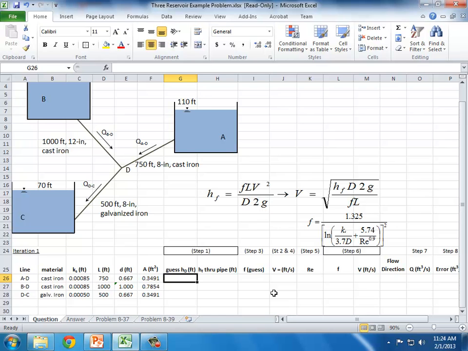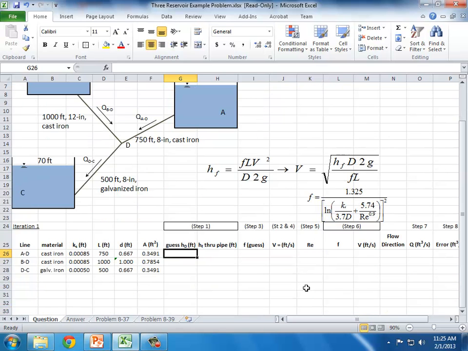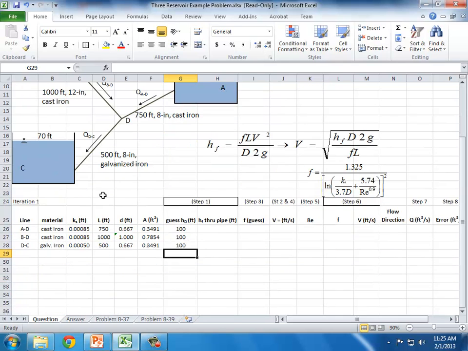Hopefully it doesn't lead to pandemonium. Let's just say 100 feet. So I'm guessing at this point that there's 100 feet of head at location D, and the range of possible values will be less than 120 and more than 70.